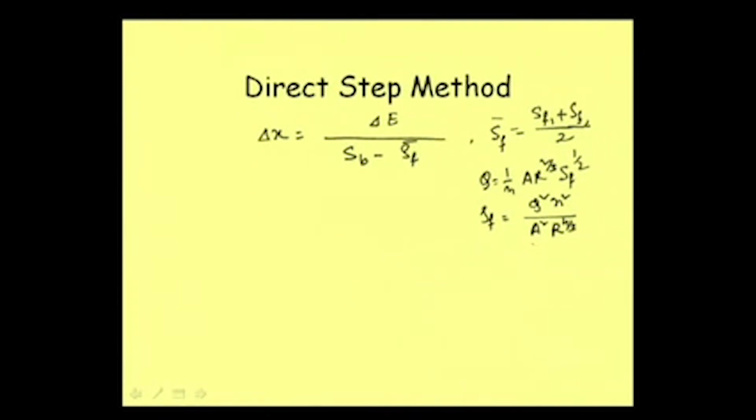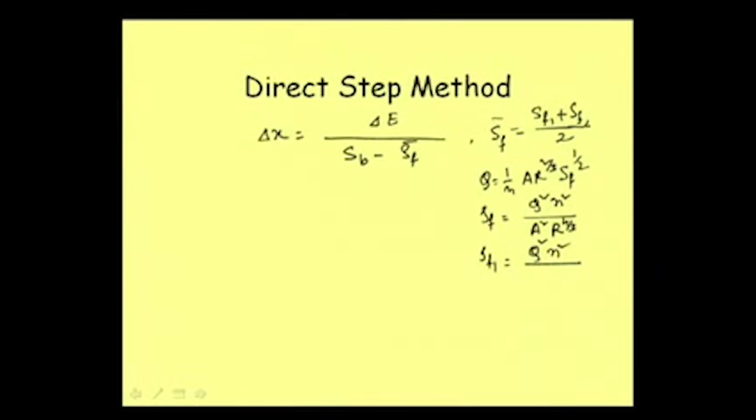Knowing the value of depth at a particular section, for SF1, everything is known: Q is fixed, of course, so Q square, and n, if we consider n to be constant for any depth or any section, suppose roughness is not changing significantly. Then the area will depend on depth.